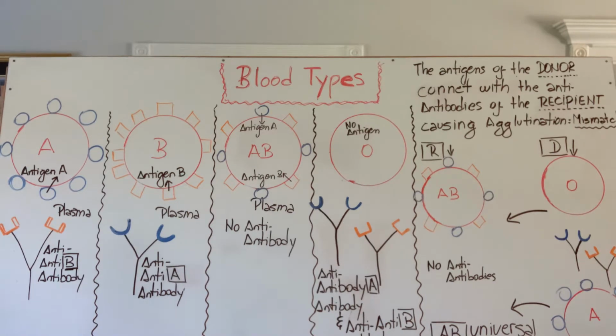And this one is a topic that was not discovered long ago, because during World War I, for example, the patients or the soldiers died when they received a specific blood type, and another one survived.